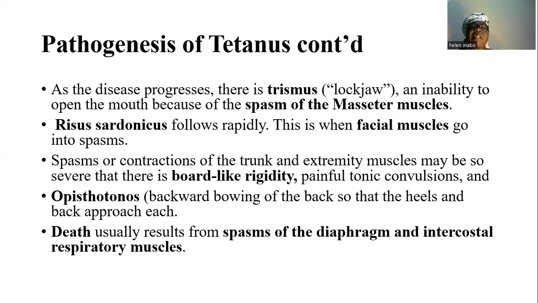As the disease progresses, there is trismus, that is lockjaw, an inability to open the mouth because of the spasm of the masseter muscles. This progresses to the spasm of the facial muscles, leading to a condition known as risus sardonicus.